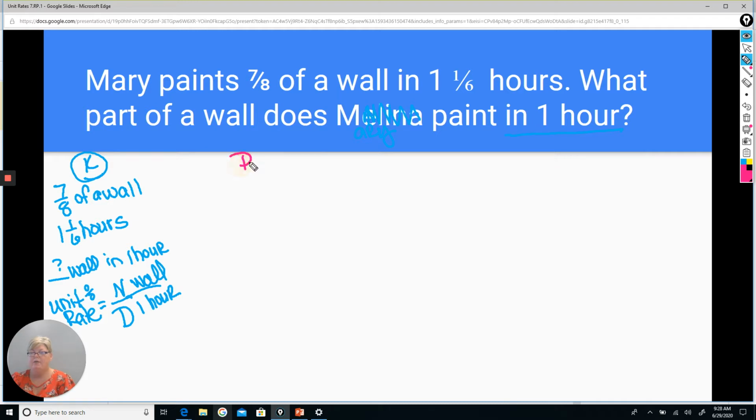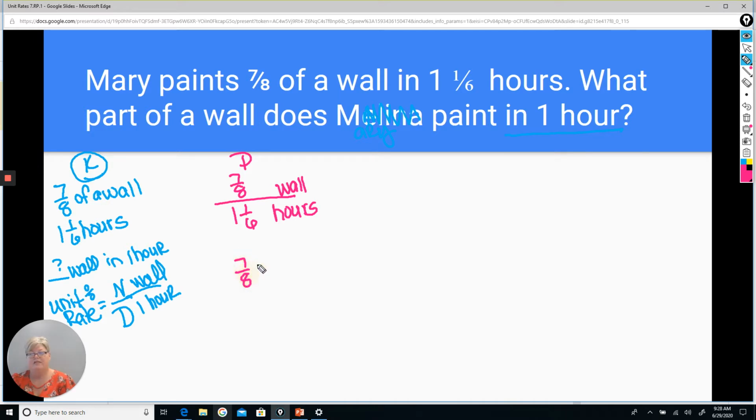So here's our problem. I'm going to set it up, and remember the numerator is the wall and the denominator is the hours. So I have 7/8 of a wall in 1 1/6 hours. Now I'm going to have to turn this mixed number into an improper fraction.